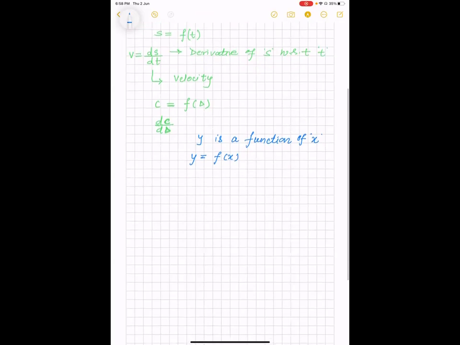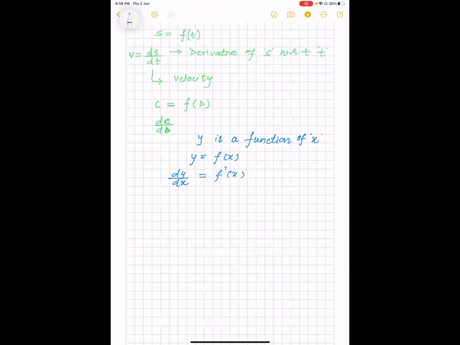And then how will I write derivative of y with respect to x? The way is dy over dx. This denotes derivative of y with respect to x. Or you can simply write f dash of x as well.